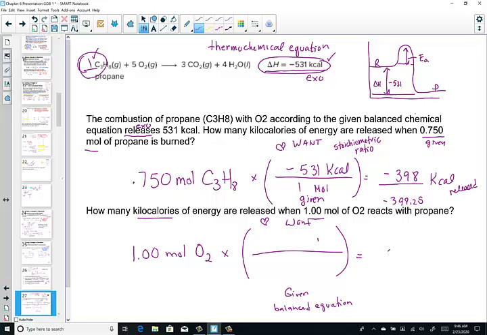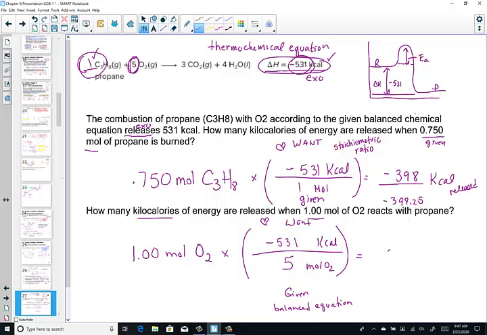We want to know kcals. Its value here is negative 531 from the balanced equation. And we started with moles of oxygen. Its coefficient from the balanced equation is a 5. So our want over given ratio is negative 531 kcals for every 5 moles of oxygen.